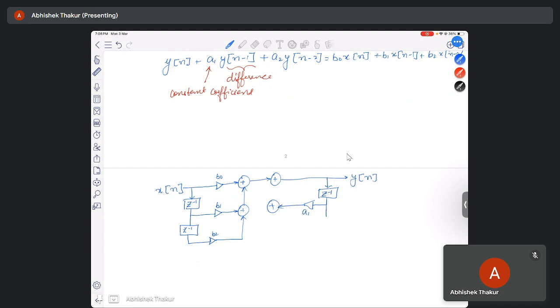Now the second difference term, and what is the coefficient here? Here we'll take minus a1, because when you take all these terms on the same side, the negative sign will come.